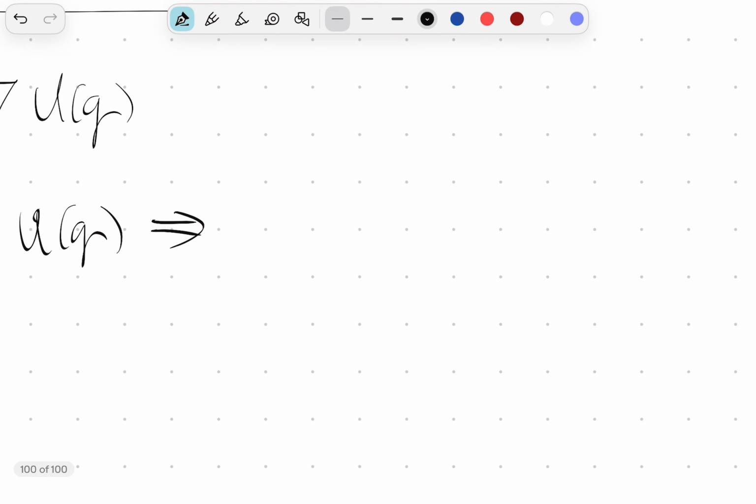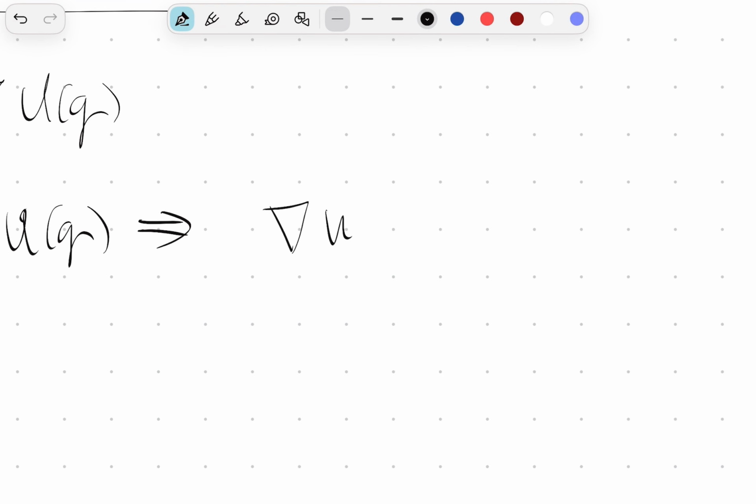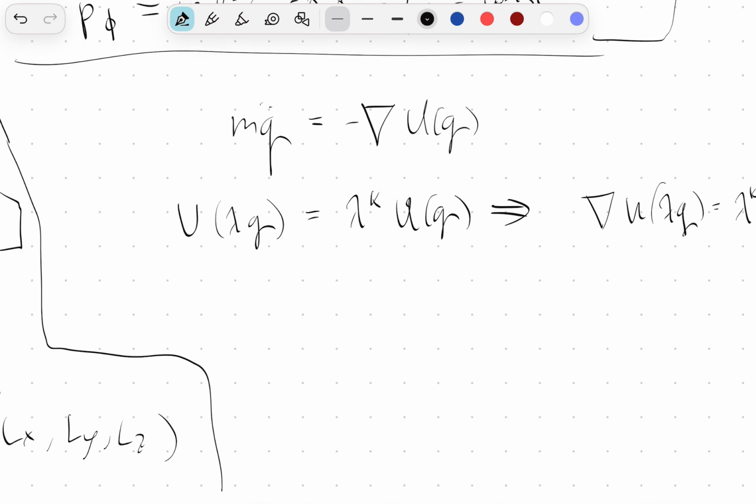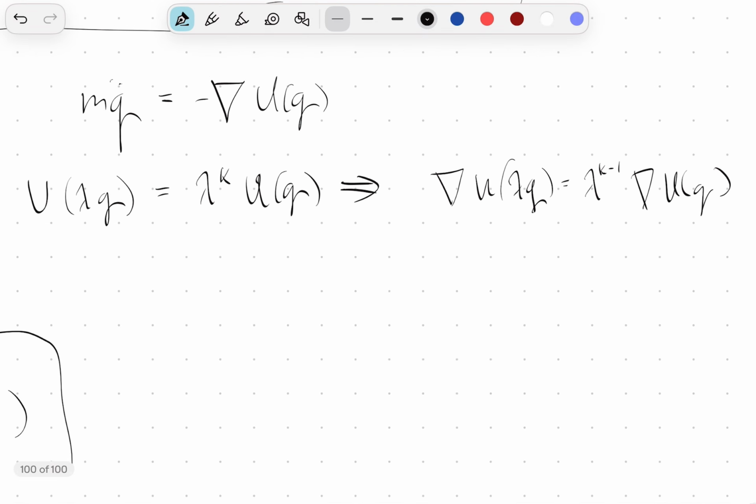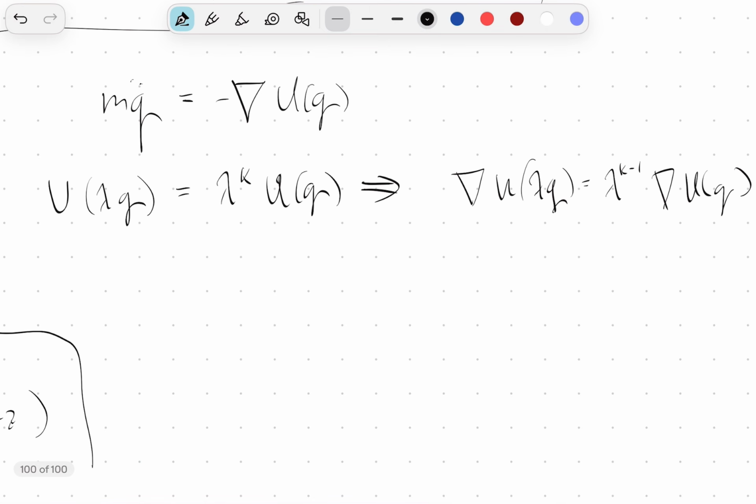By the scaling symmetry, we know that the gradient of U of lambda q should be equivalent to lambda to the k minus 1 times the gradient. If we take the gradient of this, by the chain rule, this would have to be true. Now suppose q of t is a solution.